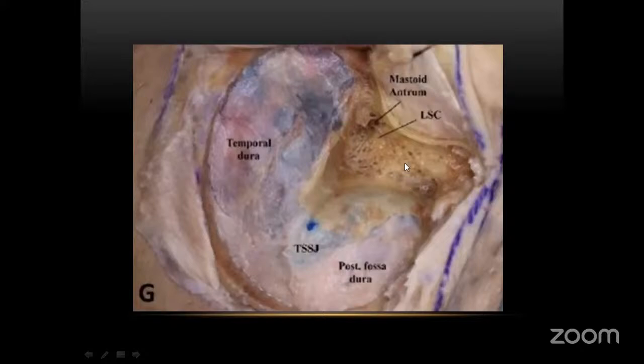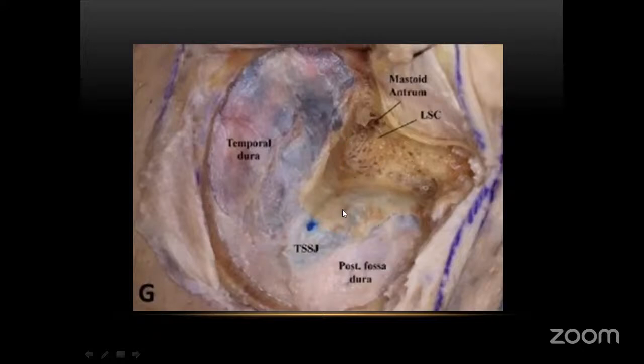Here is the lateral semicircular canal, this will be the superior semicircular canal, and here will be the posterior semicircular canal. The posterior semicircular canal is towards the temporal lobe, the superior semicircular canal is towards the posterior fossa or the cerebellum, and the lateral semicircular canal will be outward. That we have to see, and these are all the structures.